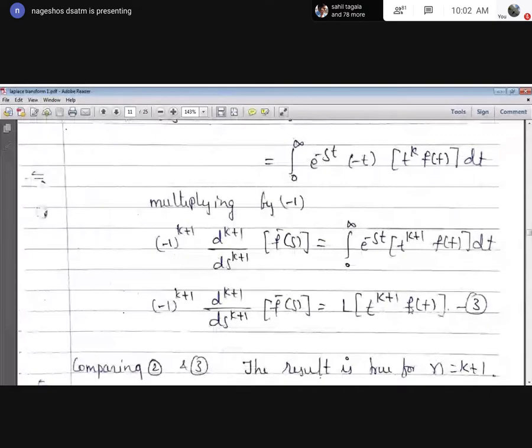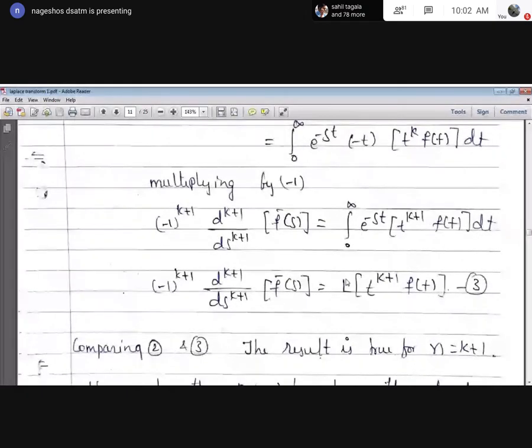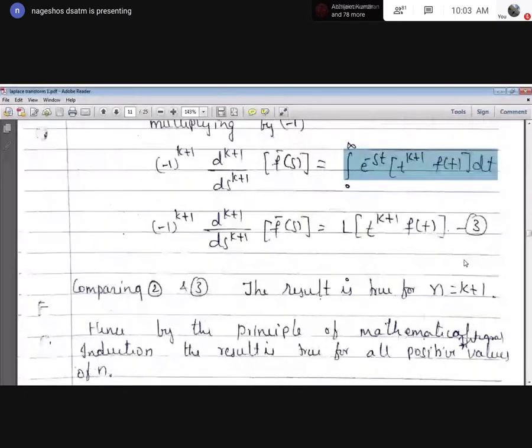So you get t power k plus 1 f of t, which is the definition of L of t power k plus 1 f of t. It is true for n equal to k plus 1 also. Therefore, by the principle of mathematical induction, the result is true for all positive values of n. That is the second property.